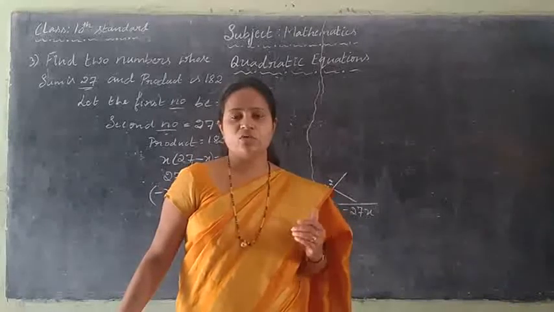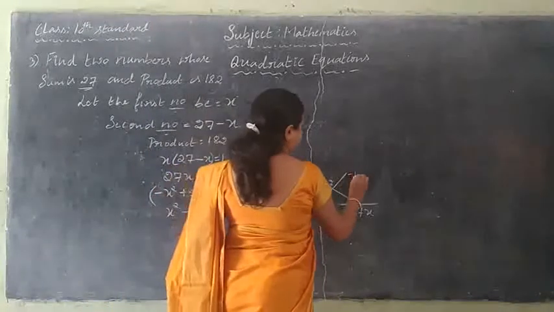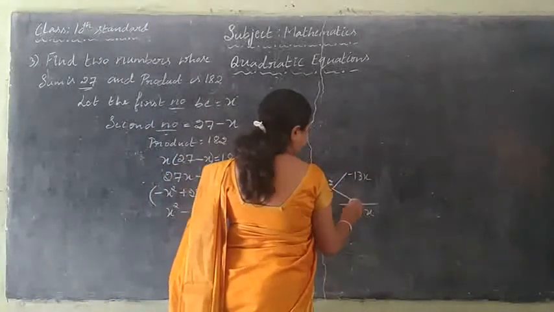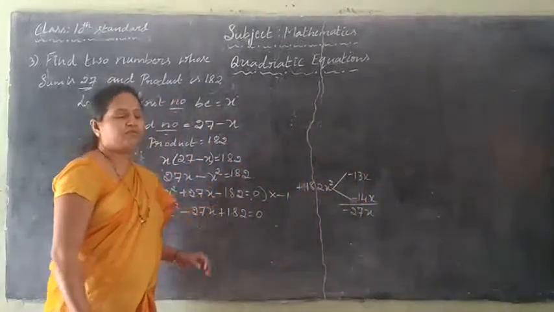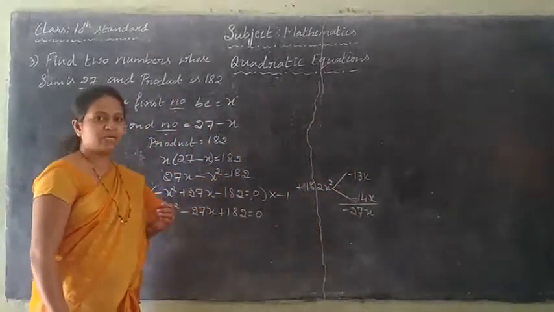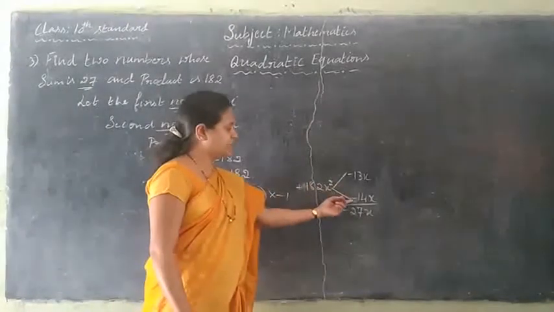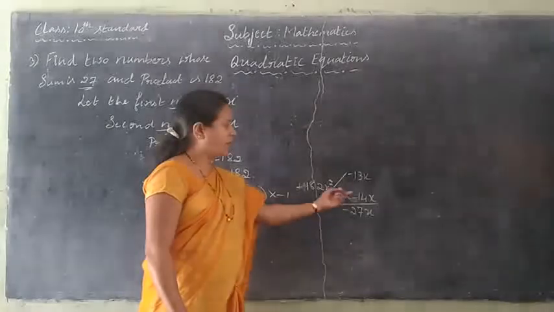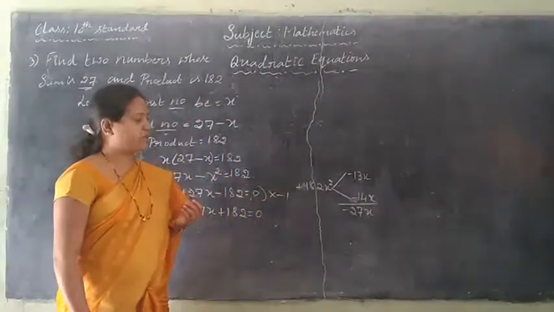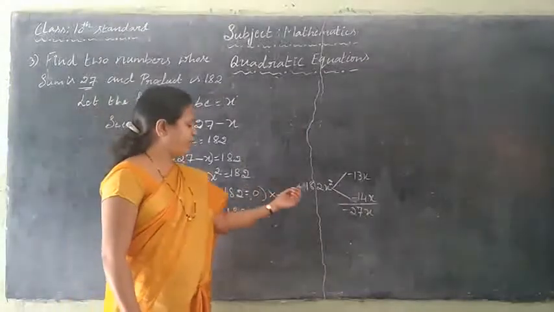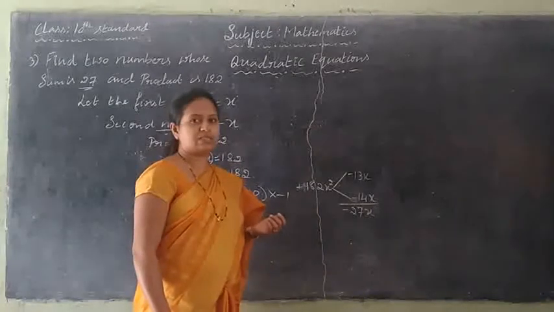We are going to consider the two factors as 13 and 14: minus 13x and minus 14x. Got it? As both the numbers have a minus sign, we write minus, but we add the numbers, children. 13x plus 14x is 27x. In the same way, minus 13x times minus 14x is 182 x square.